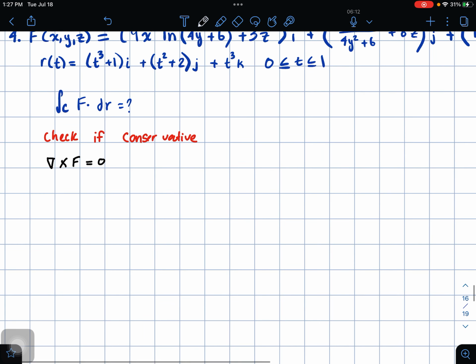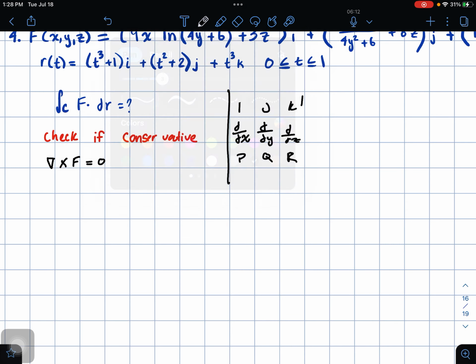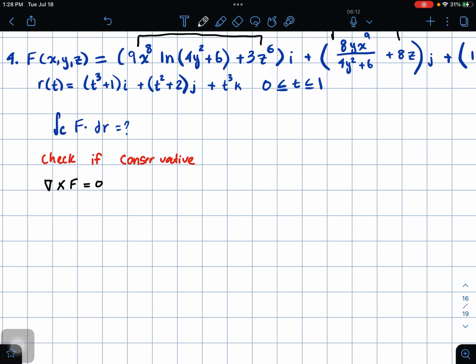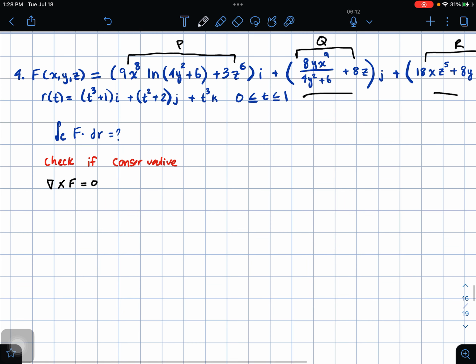So basically, in general you would have i, j, k, and then del x, del y, del z, and then you have P, Q, R, and you just take the determinant of this. I like to do it the way I learned it, which is you just write this, then this, in a line.